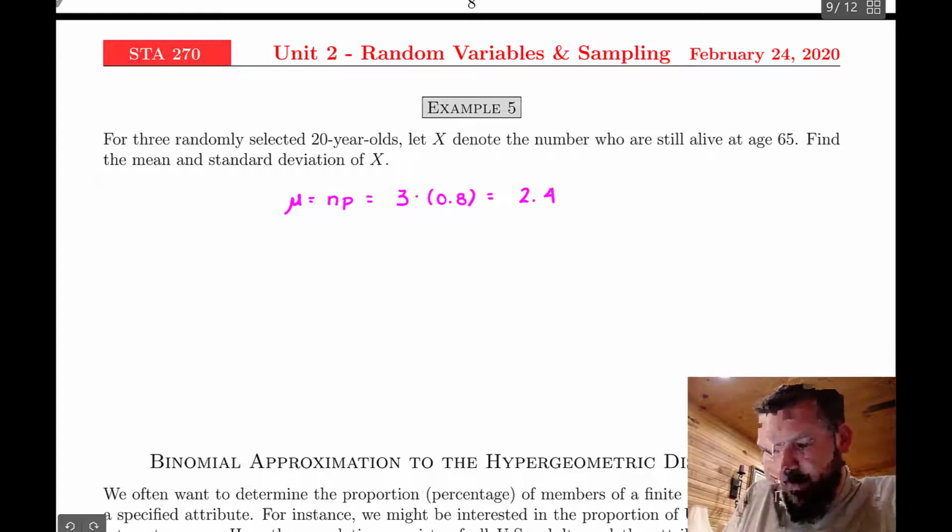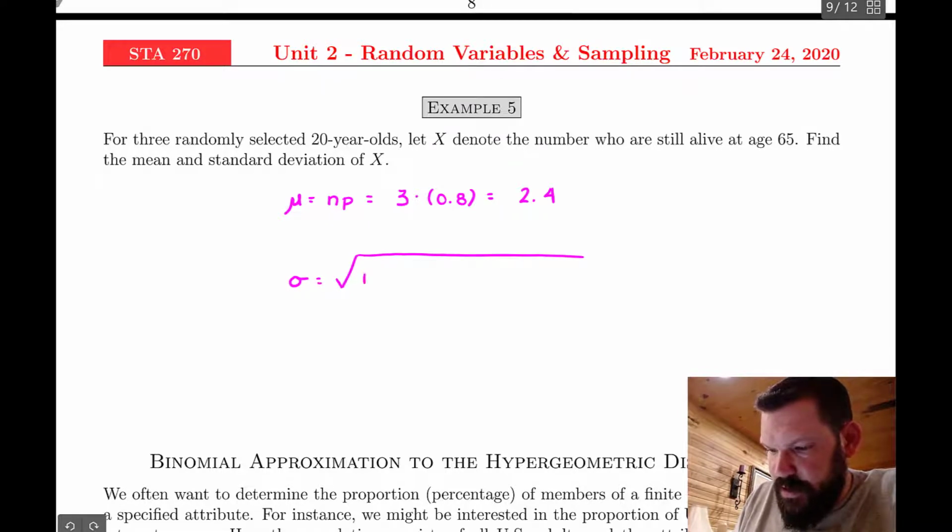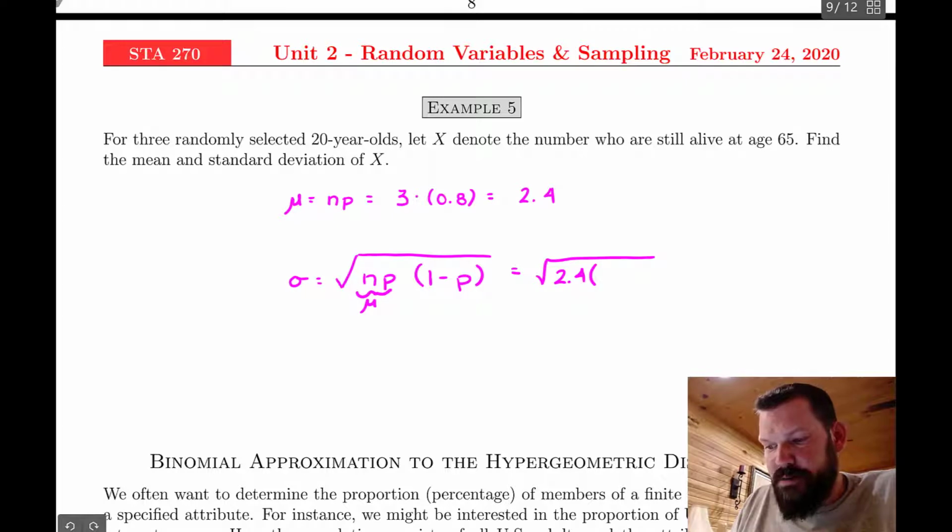So there's our mu, or our mean, and then our standard deviation is the square root of np times 1 minus p. np we calculated for our mean, so this is equivalent to mu. It's going to be the square root of 2.4 times 1 minus 0.8, which is our failure probability, 0.2.